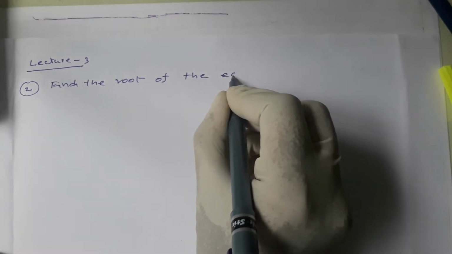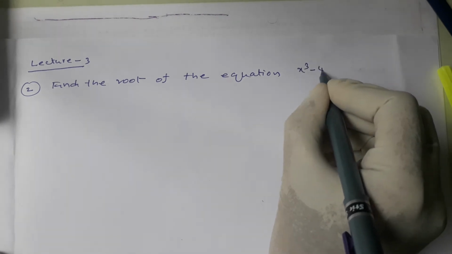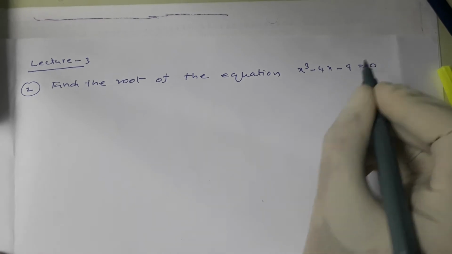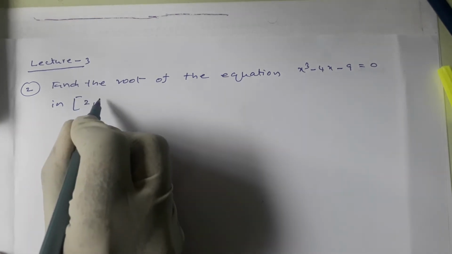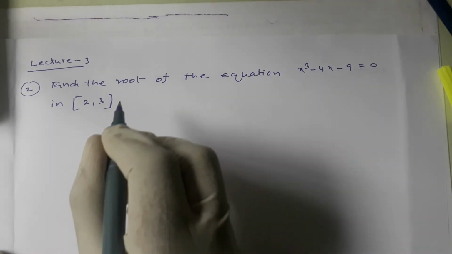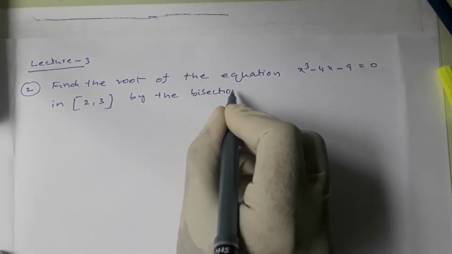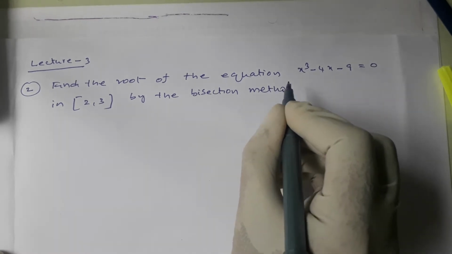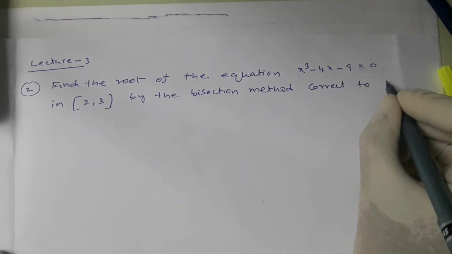Find the real root of the equation x cube minus 4x minus 9 is equal to 0 in the closed interval [2, 3] by the bisection method, correct to 3 decimal places.